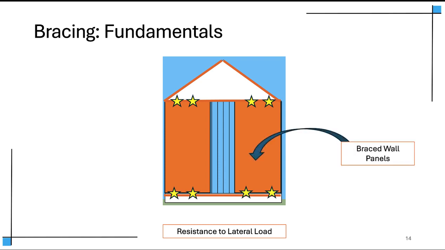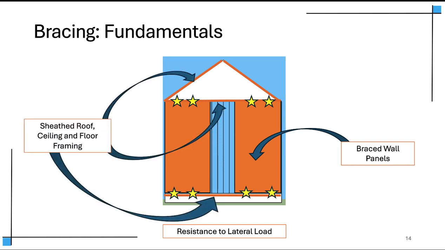First off, we're going to start with the vertical bracing elements, and we call these braced wall panels. Now, braced wall panels are a physical element that is constructed in our buildings, and braced wall panels have a very specific construction requirement that plays out in the design.